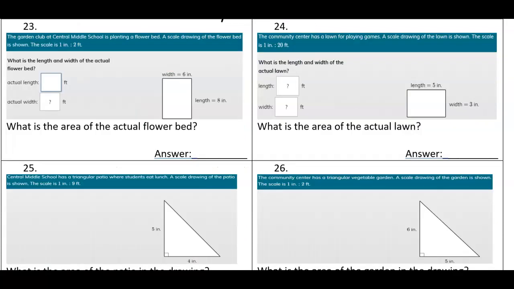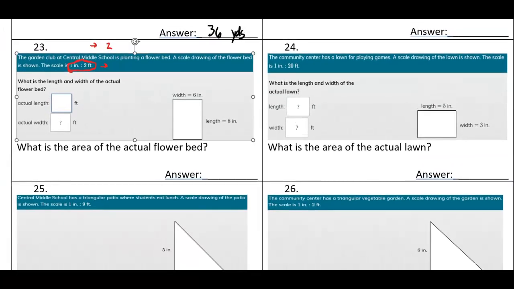The garden club at Central Middle School planted a flower bed. Scale drawing of the flower bed is drawn, and scale is 1 inch to 2 feet. So our scale factor here is 2. What is the actual length? I'm just going to take a look at length right there, which is 8. 8 times my scale factor of 2 gives me 16. What's the actual width? You take a look at my width there, which is 6.